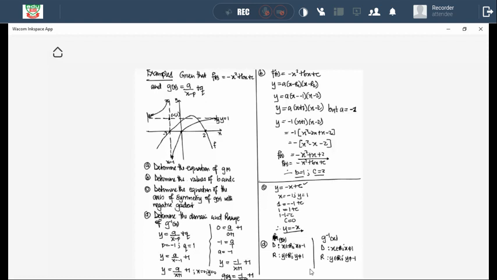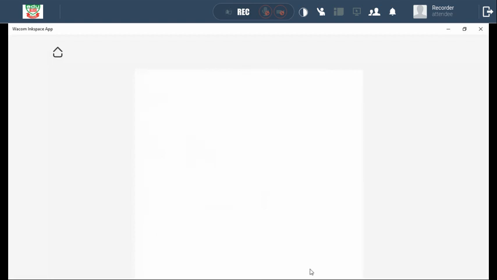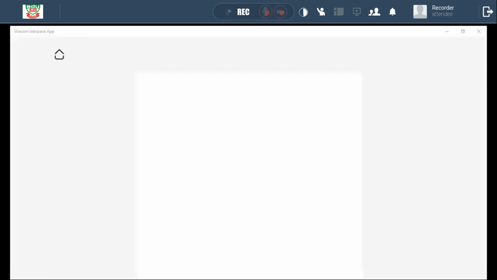This is how you deduce the equation of a drawn hyperbolic function. From this lesson, I'm now going to determining the equation of a drawn exponential function. Okay, right. So let's meet in that session.